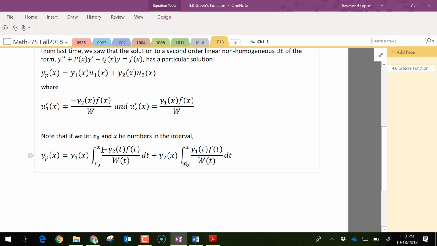And our independent variable result should be x. So we're going to go from the initial condition x value to some random value of x. So x naught is a specific constant value, and x is still your variable. That means if I use my variable as my upper limit, I need a different dummy variable for my integral. And so here's p.